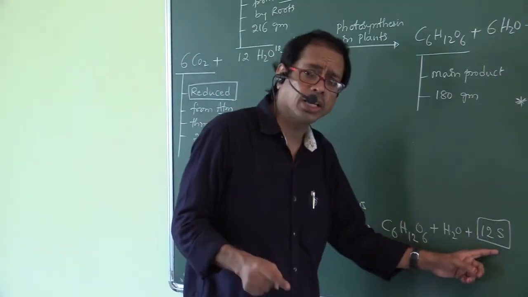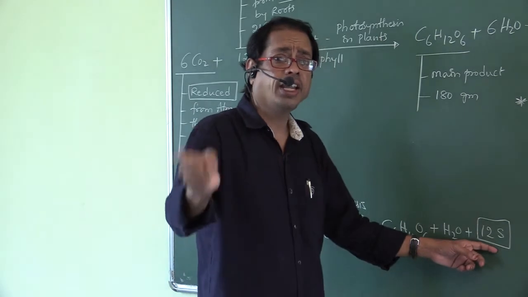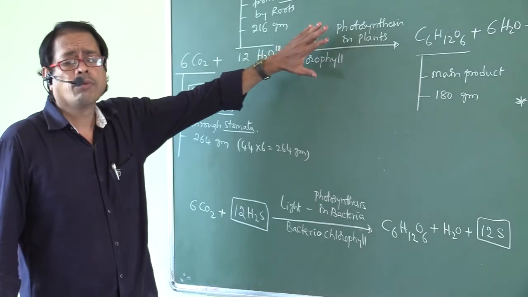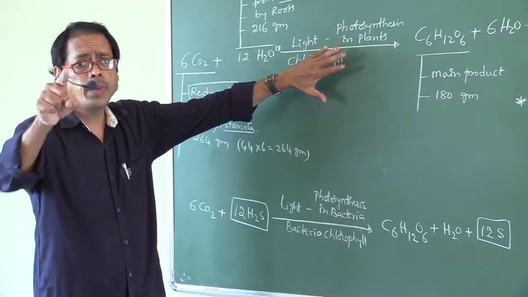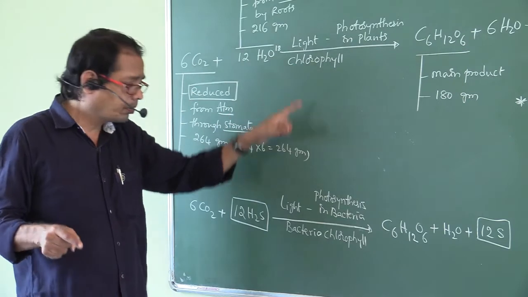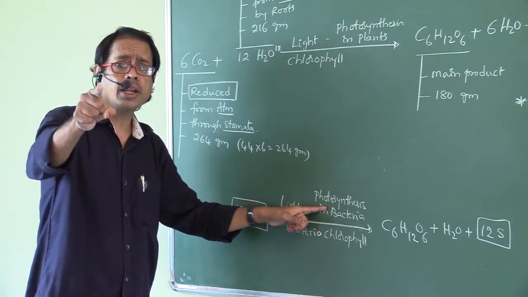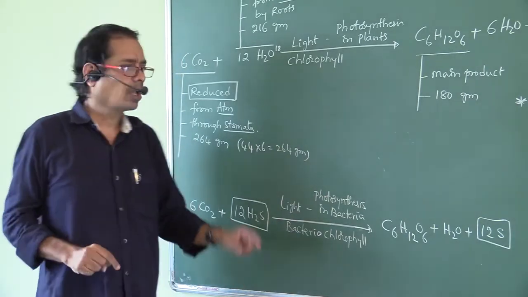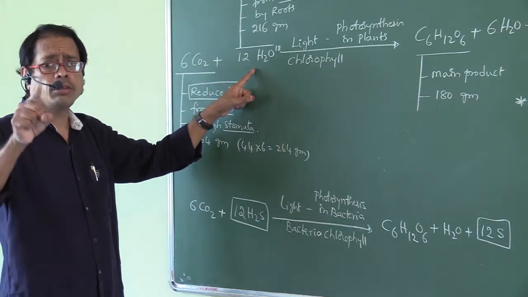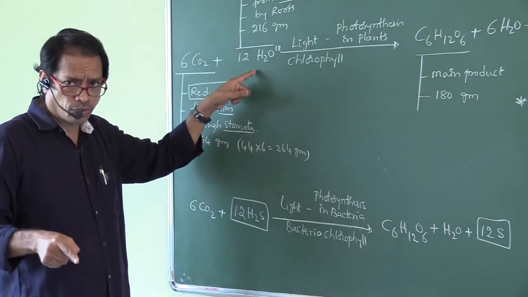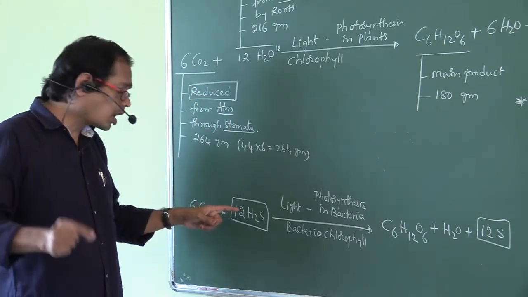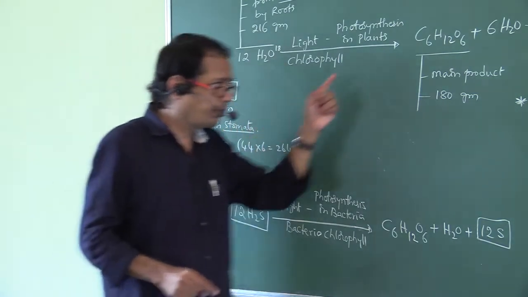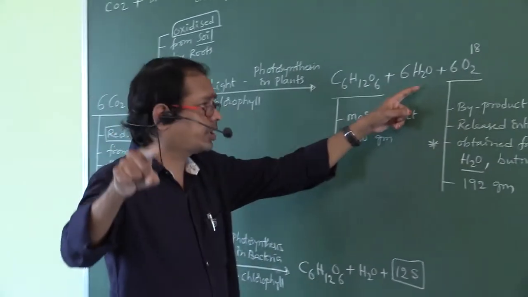Which one is evolved? Sulfur or sulfate instead of oxygen. Very, very important point, my dear students. In plant photosynthesis, the pigment is chlorophyll. In bacterial photosynthesis, the pigment is bacteriochlorophyll, but not chlorophyll. Hydrogen donor in plant photosynthesis is H2O. Hydrogen donor in bacterial photosynthesis is H2S. Which one is evolved during plant photosynthesis?